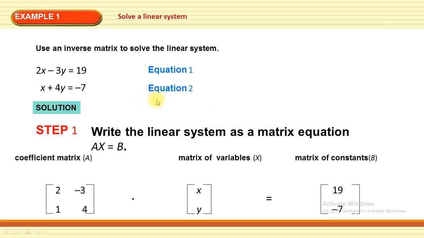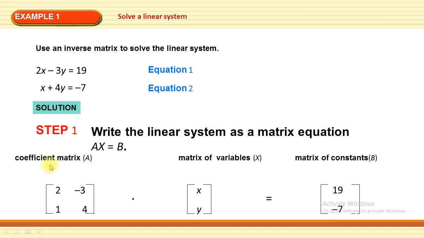So dear students, note that in the first step, write the given system in matrix form, meaning AX is equal to B. The coefficients of the variables in this system are 2, minus 3, 1 and 4.